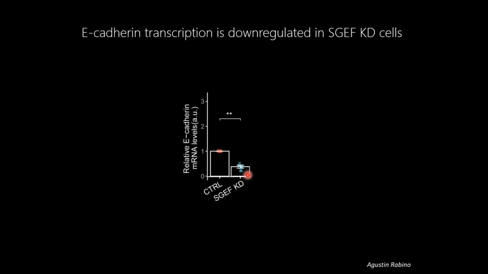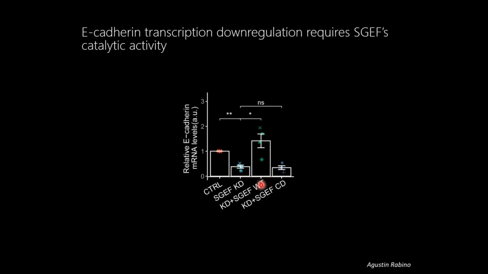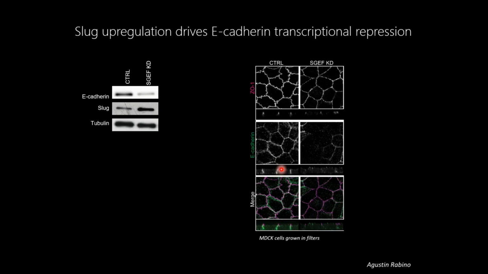As we've done before, we showed that we can rescue this by putting back the wild type SGEF, and that we cannot rescue it with the catalytic dead. So this also depends on the catalytic activity. The bottom line is SGEF can modulate the transcription levels of E-cadherin, and this also requires the catalytic activity.